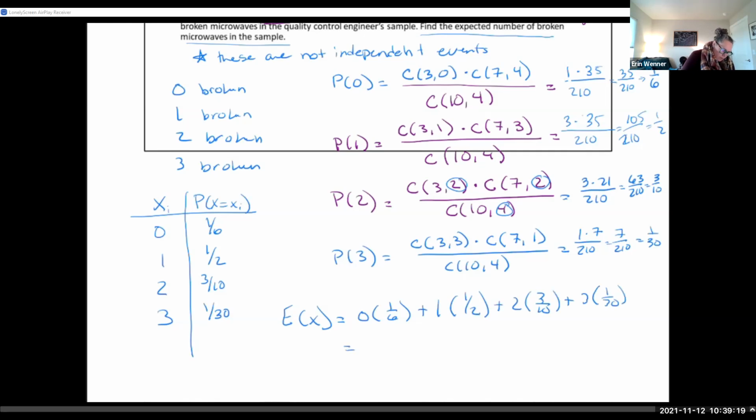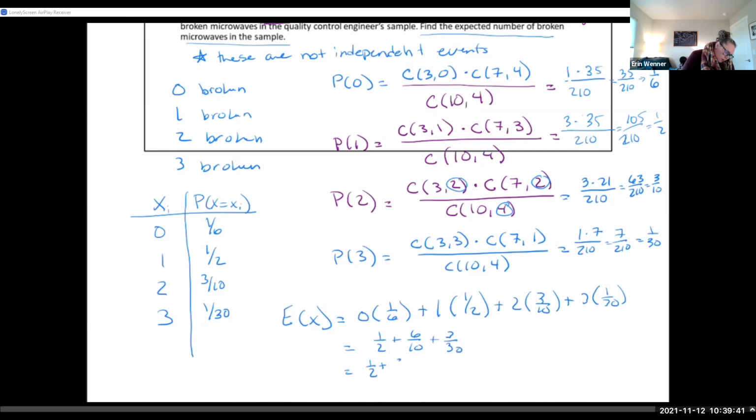So 1 times 1/2 is 1/2. 3/10 times 2 is going to be 6/10. And 3 times 1/30 is 3/30. If we reduce, we've got 1/2 plus, what is this?